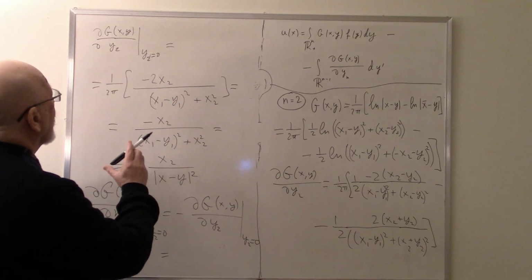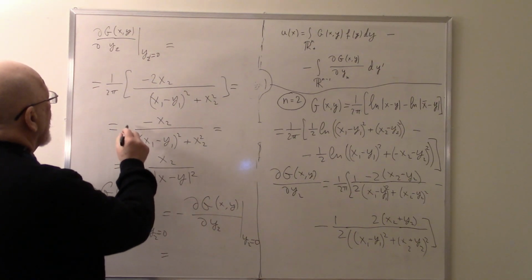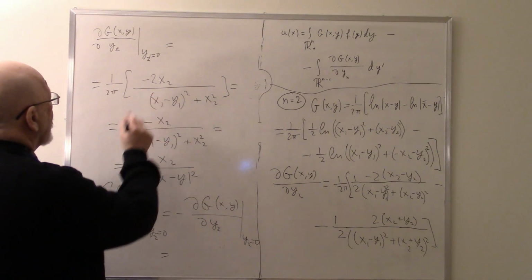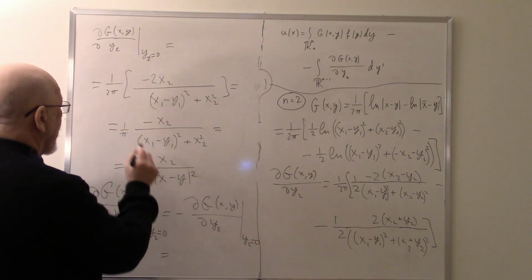One moment, I forgot 1 over 2 pi. 1 over 2 pi times 2, so it is 1 over pi.